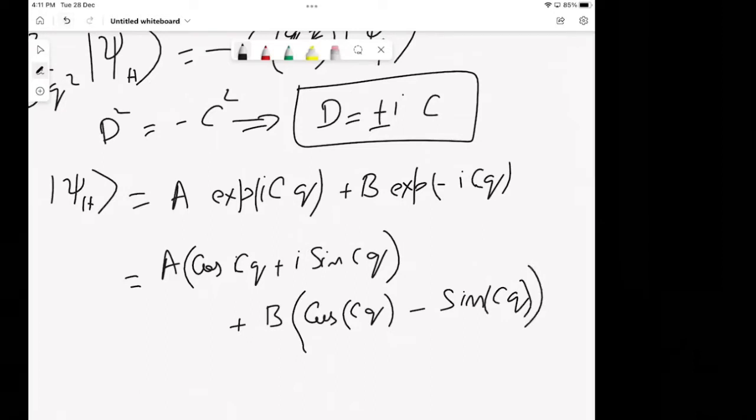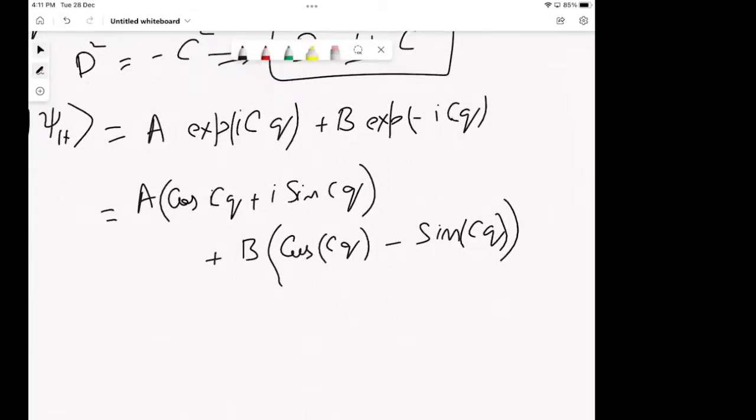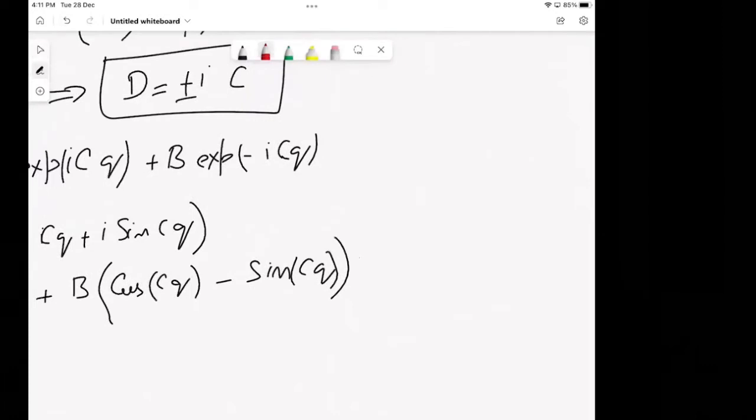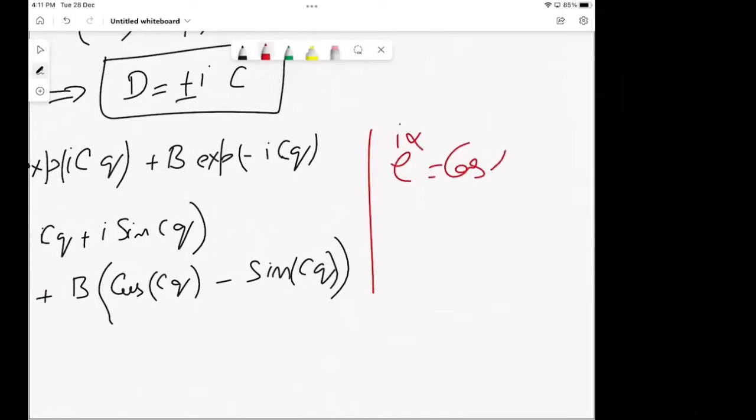Now you may ask the question, how did I write it? The reason is that we must explain the reason. We know that exponential of iota alpha is cos alpha plus iota sin alpha, and exponential of minus iota alpha is always equal to cos of minus alpha plus iota sin of minus alpha.